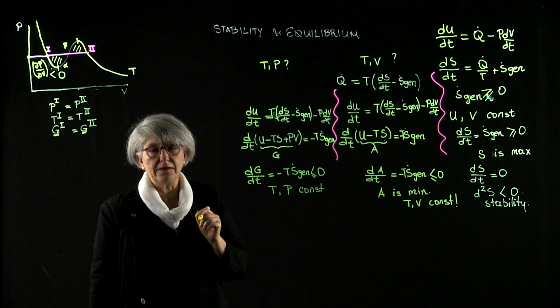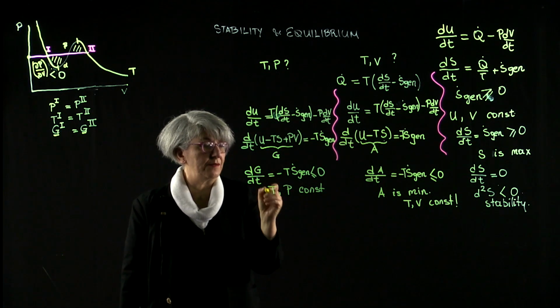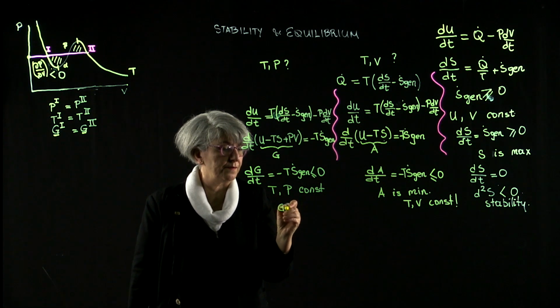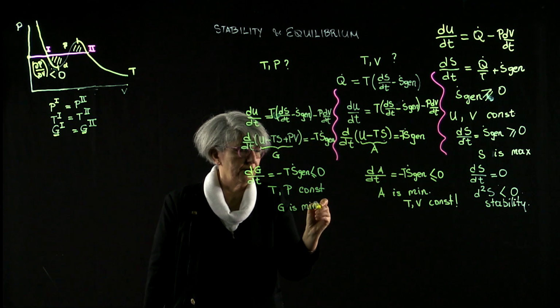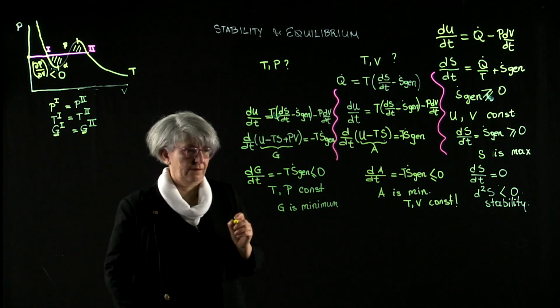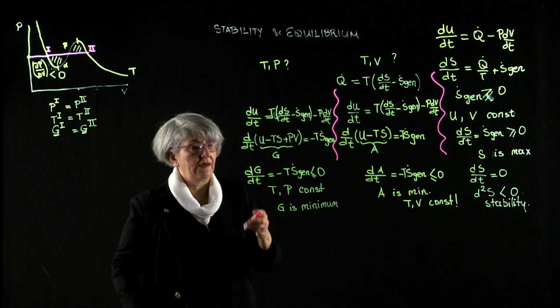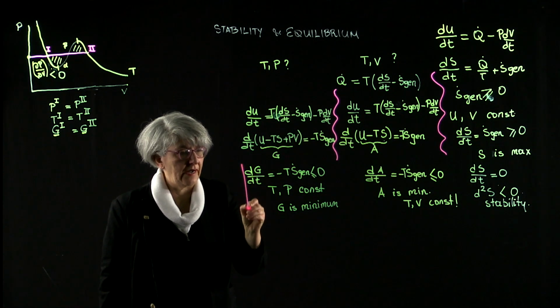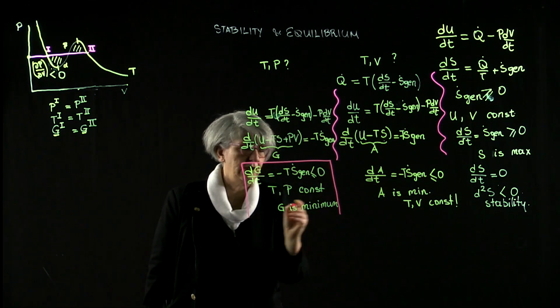We arrive at an equilibrium state where the Gibbs free energy is minimum. So those are important aspects of the equilibrium conditions.